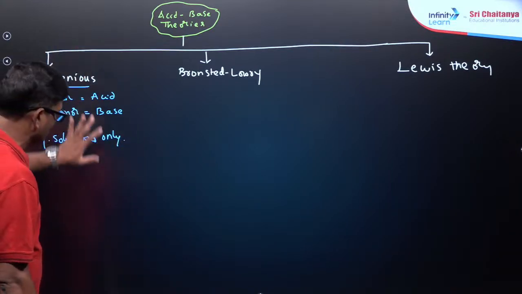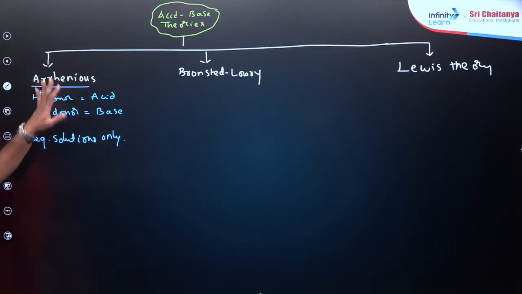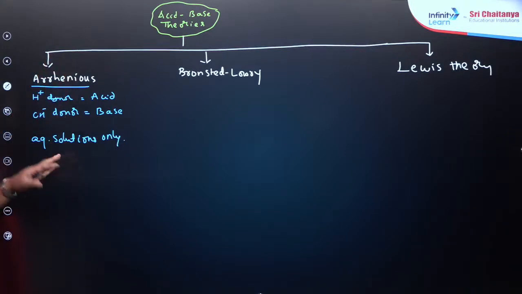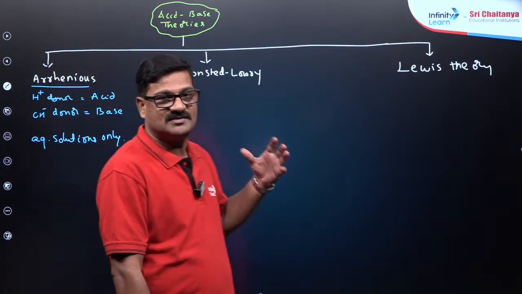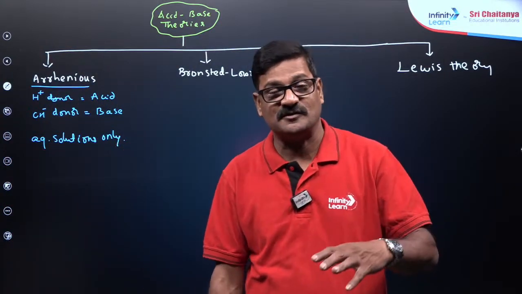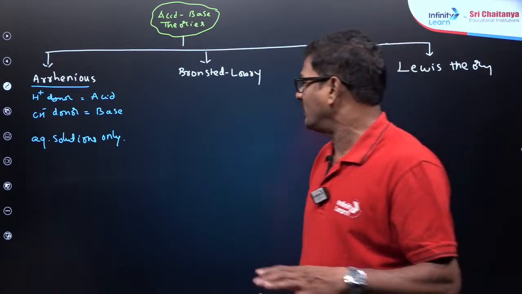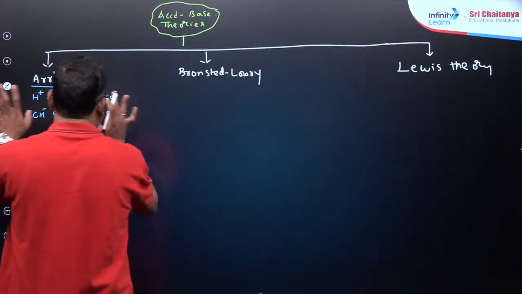It explained which is a strong acid, which is a weak acid, which is a strong base, which is a weak base. But it cannot explain the basic nature of ammonia, the basic nature of metal oxides, or the acidic nature of non-metal oxides. Okay, bas itna hai. I don't want to discuss more.